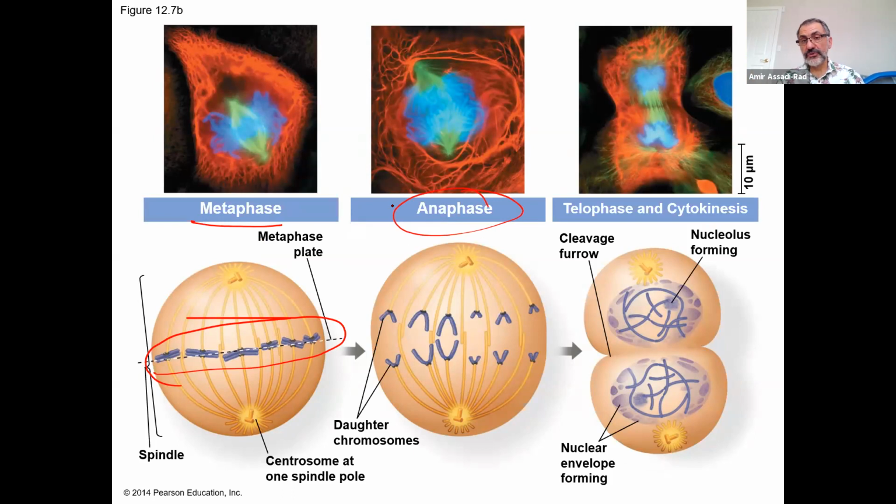And then, of course, telophase, as you all know, telo means end. During telophase, the nucleus starts forming, and so on and so forth. And of course, it will be followed by cytokinesis.